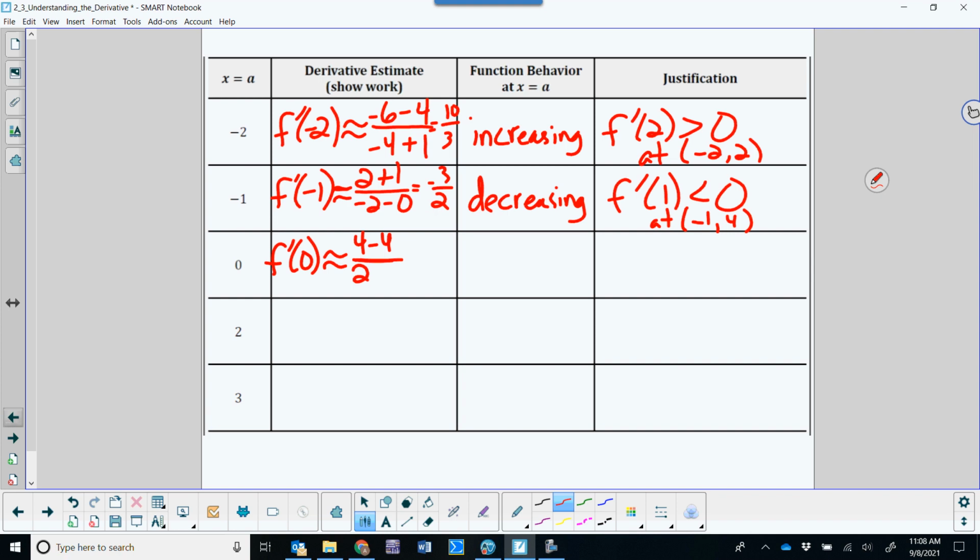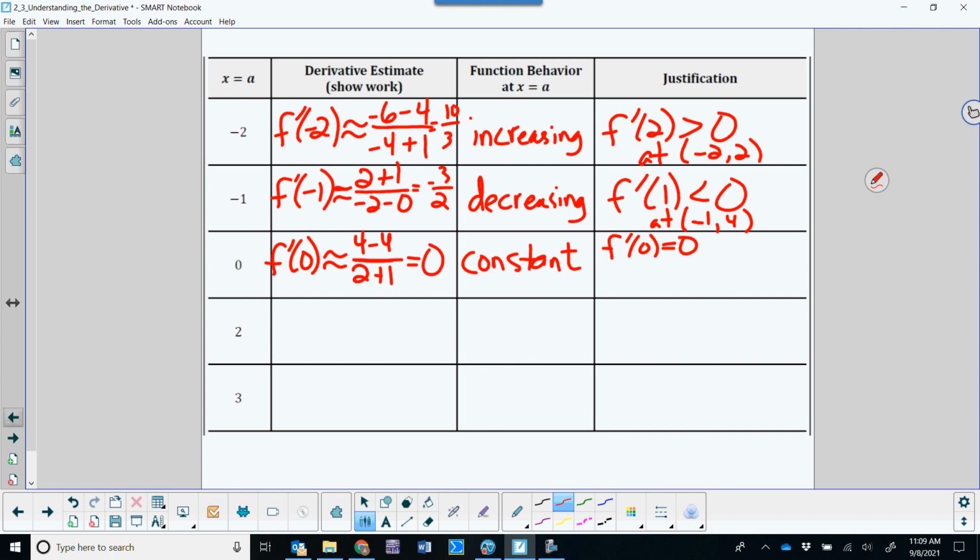You can do 2 minus -1, which is 2 plus 1. Whatever you do, it doesn't matter. You're going to get 0. So if the slope is 0, we say the behavior at that graph is that it is constant. So since f prime of 0 is 0, we're going to have also a relative extrema. We'll talk about that later.